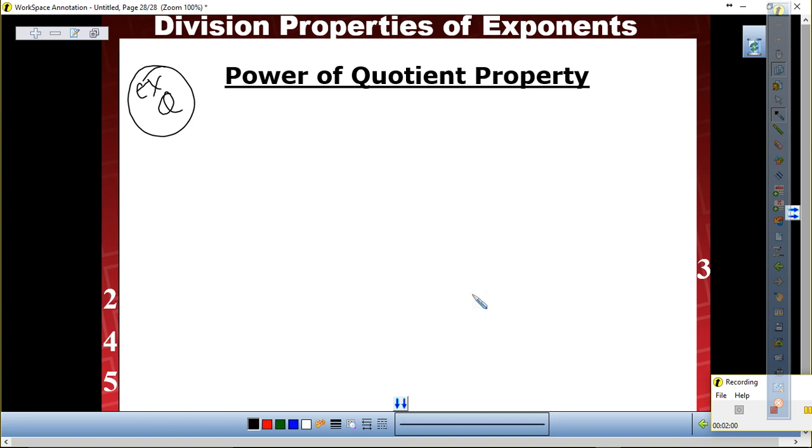So what was the property yesterday? Quotient of power property. Today is power of quotient property. So let me get started. Here we go. Writing utensils down, look up to the screen.